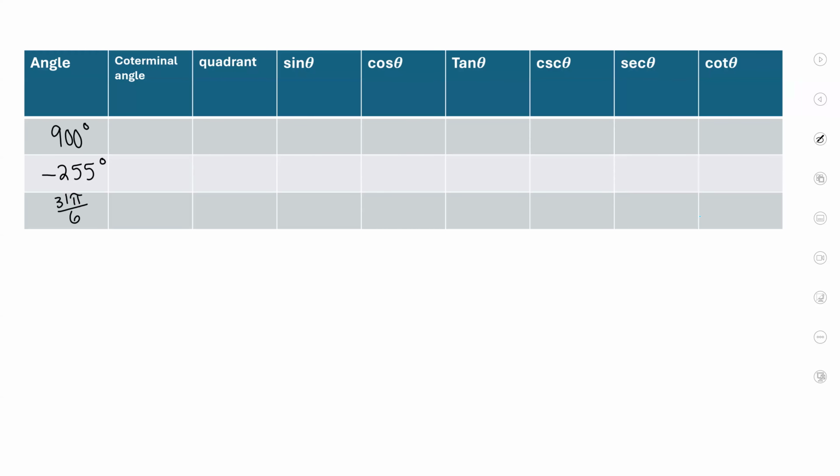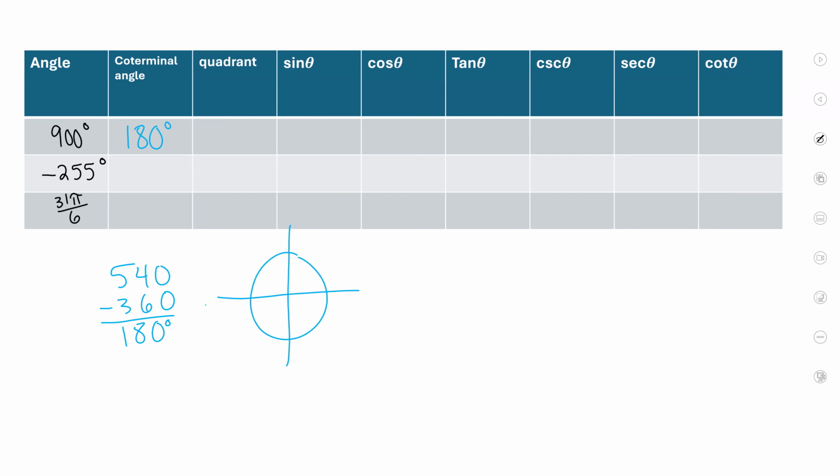Okay, so to find the coterminal angle of 900, you subtract 360 and you get 540. You're going to subtract 360 again and you get 180 degrees. So we get 180 degrees. Now, if I draw you a picture, 180 degrees is right here. That is not in this quadrant or this quadrant. So I'm going to leave that blank. It's not in a quadrant.